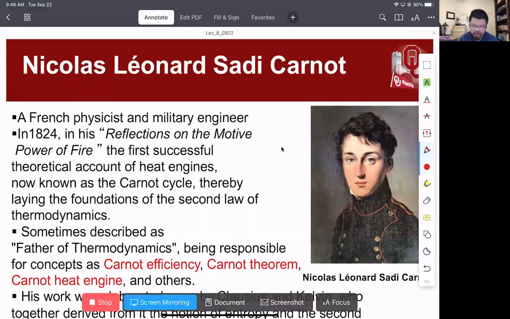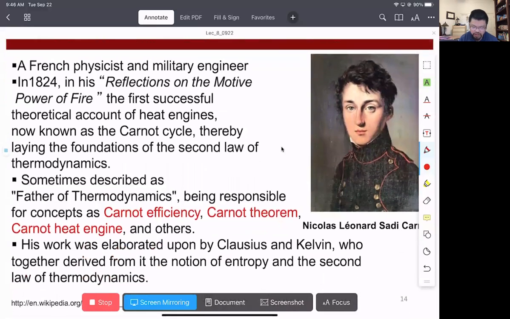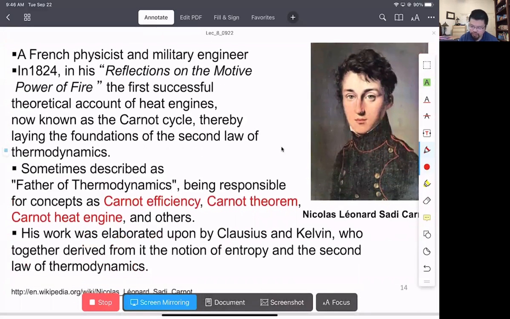from Nicholas Carnot. So I have one single slide to really briefly introduce him. He's a very interesting fellow, and I would encourage you to Google or visit the Wikipedia page of him and try to understand a little bit of his philosophy over there.